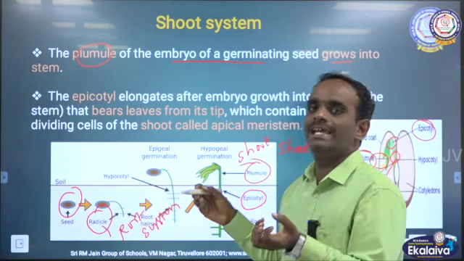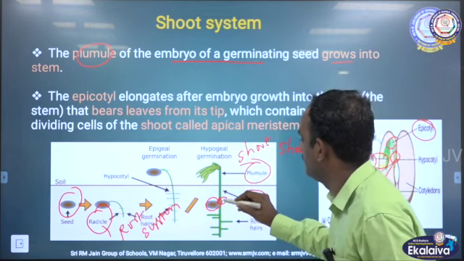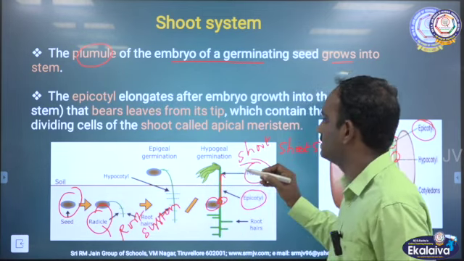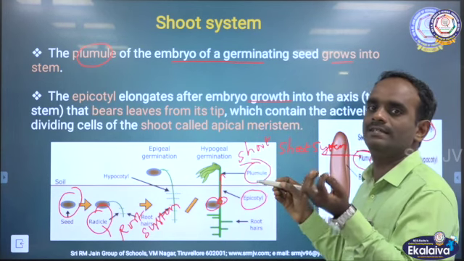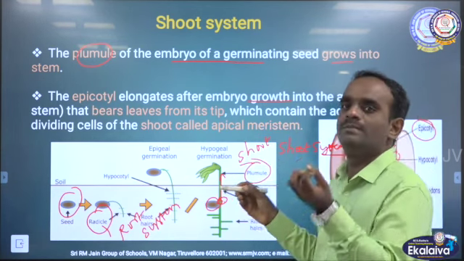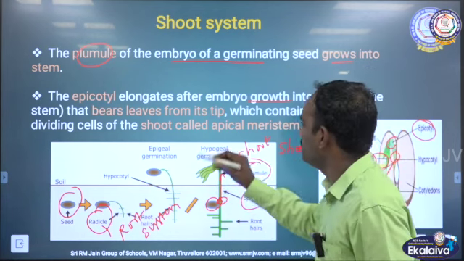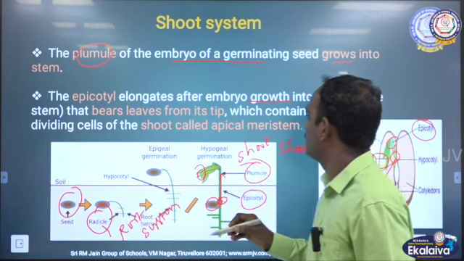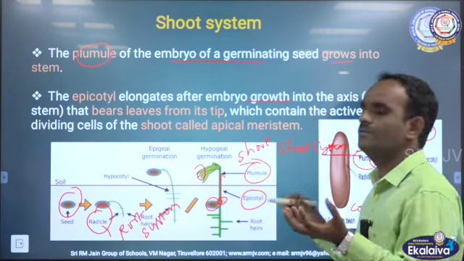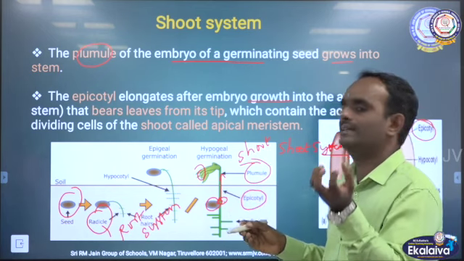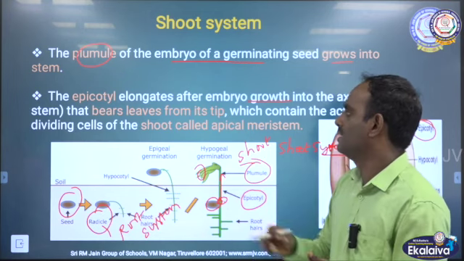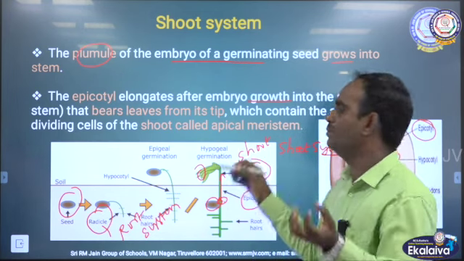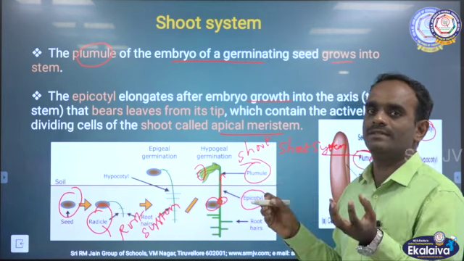The epicotyl elongates. See the picture here. The epicotyl elongates after embryo growth into the axis, that is into the stem, that bears leaves from its tip, which contains the actively dividing cells. Those actively dividing cells are nothing but meristematic cells, and this meristem is said to be apical meristem.